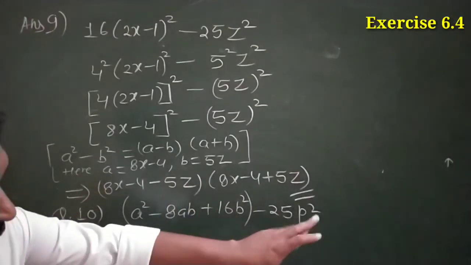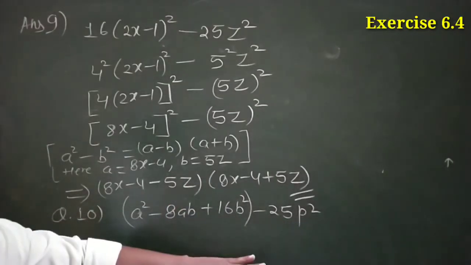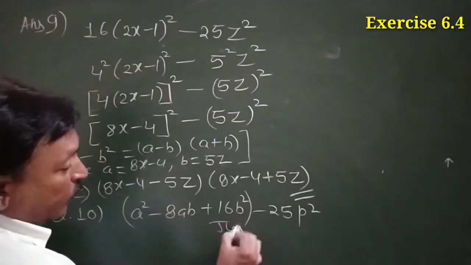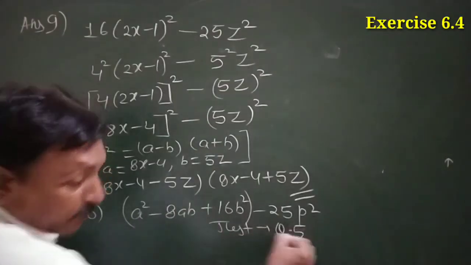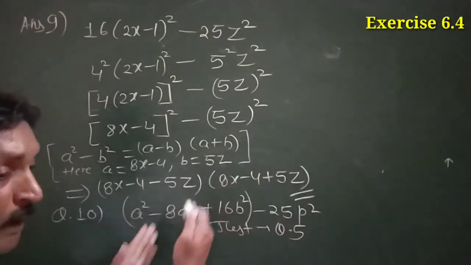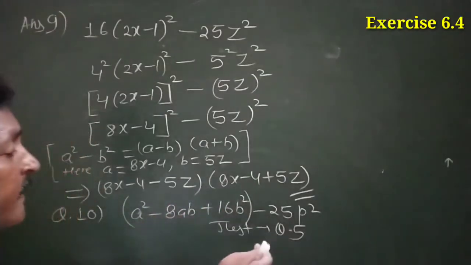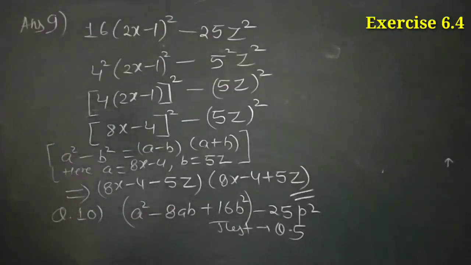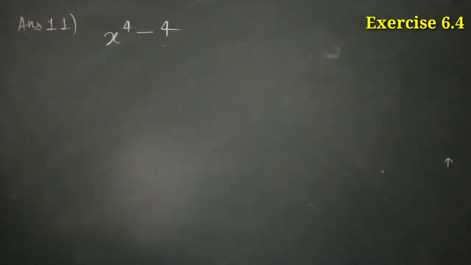This thing 5p whole square means it will get solved just like question number 5. Okay, so complete this question by yourself. First of all, it will get converted into a square minus b square, and then we will apply the formula a minus b, a plus b. Okay. Now see question number 11 on the board.